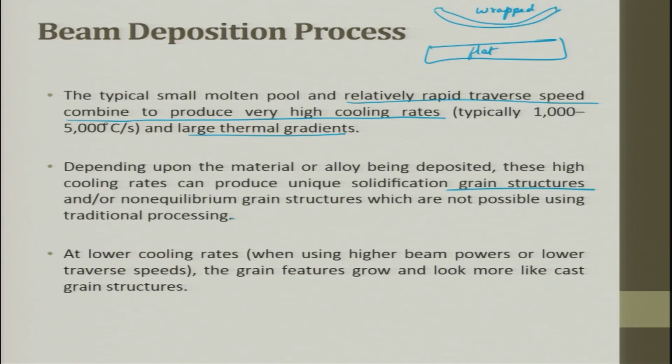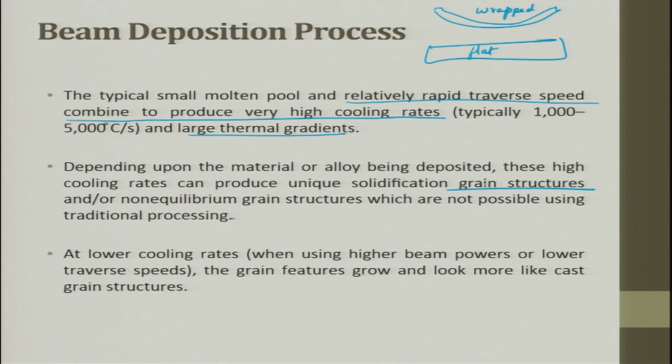If you extract it in different directions, or if you can control the extraction of heat, you are controlling the grain structure. You can create columnar grains, or you can try to create uniaxial grains or equiaxial grains, and this dictates the final property.